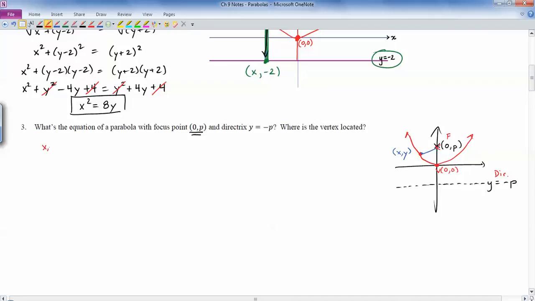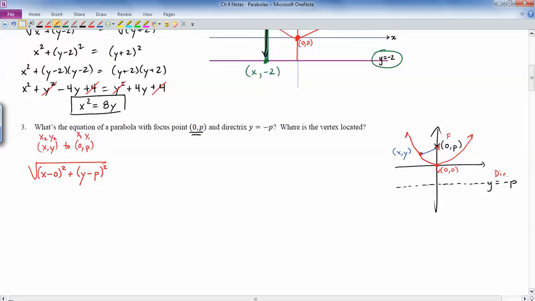So x, y to 0, p. And I'm going to call this x2, y2, and this one x1, y1. And when we set up our distance formula, we'll get x2 minus x1 squared plus y2, which is y, minus y1, which is p squared.